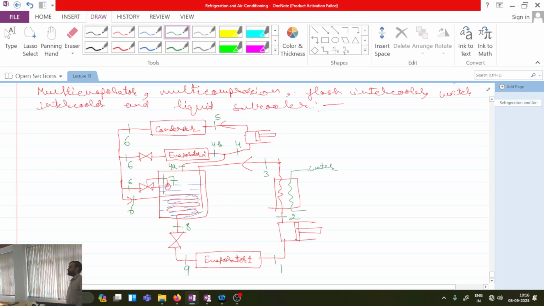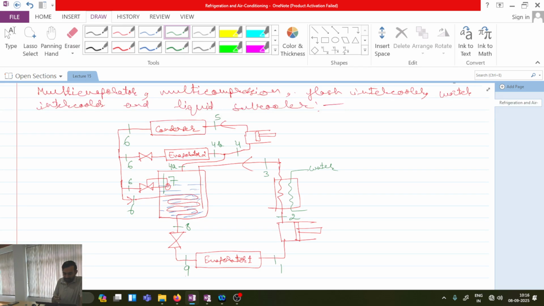All are clear with this point? Anyone is having any doubt about the system? Okay, so I do have two evaporators, evaporator 2 and evaporator 1, and for the second lowest temperature stage, I have a flash intercooler, a liquid subcooler, and a water intercooler. Is this not clear? Okay.